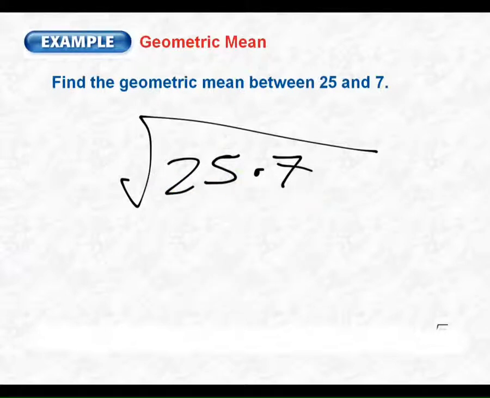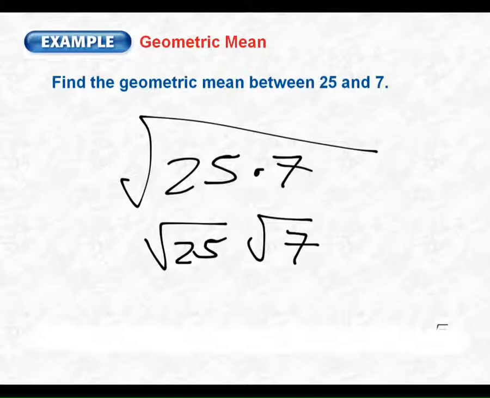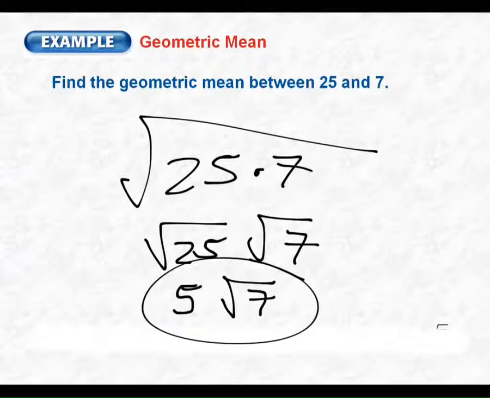If you did it with 175, that's fine, but I know this is the same thing as that. Multiplication problem, I can break it up. And because 25 is a perfect square, the square root of 25 is 5. 7 doesn't have a perfect square. So that's my simplified answer. 5 square root of 7.